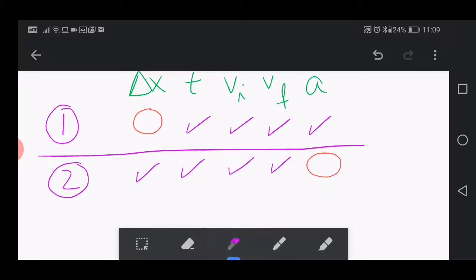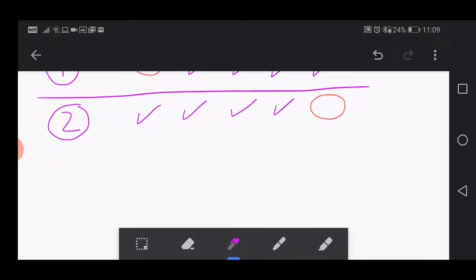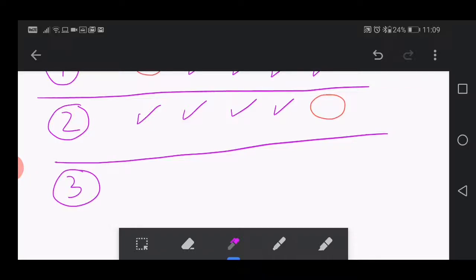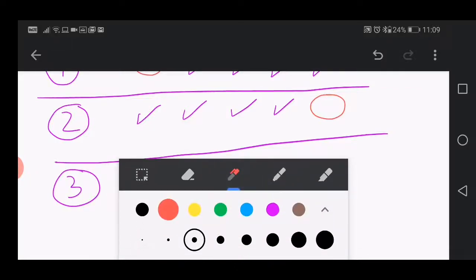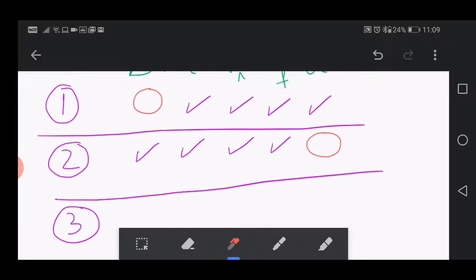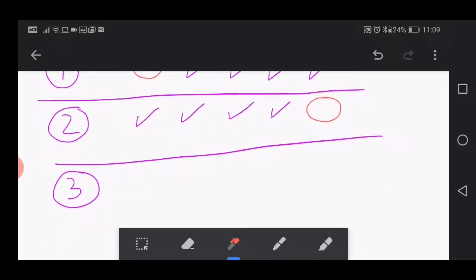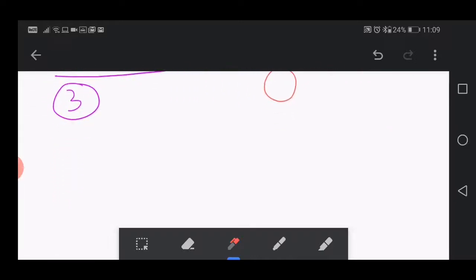Today, we will set the goal of actually finding a third equation in which, for the time being, our interest is what will happen if in a given problem they didn't give you the final velocity. If you don't know the final velocity, how could you possibly get any other thing?